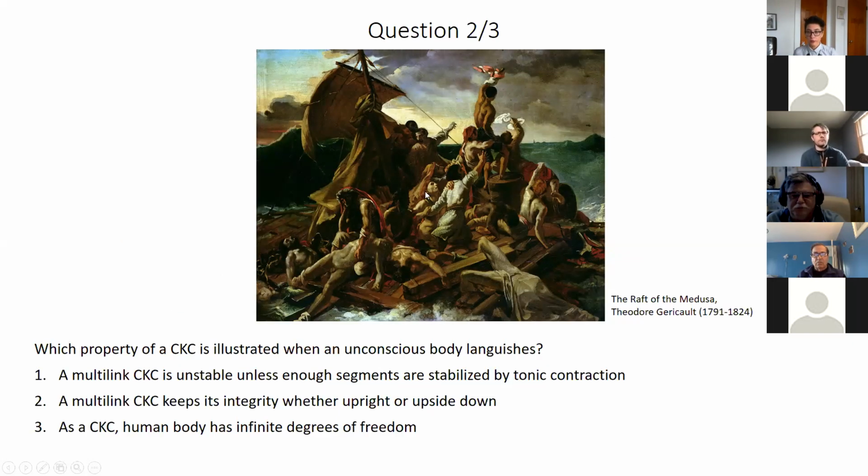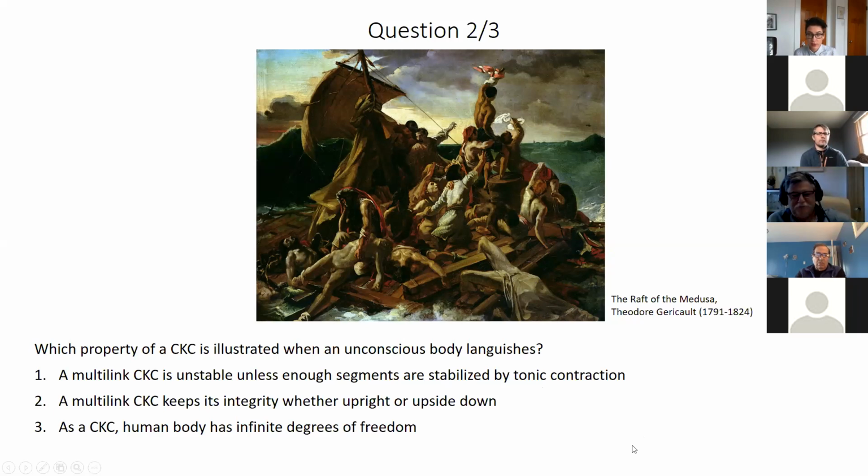In this painting by Géricault, we have several individuals in different physical states. Some of them are very composed and alert, some of them are collapsing, and some are dead. This property of an unconscious body languishing illustrates which property of a closed kinematic chain?